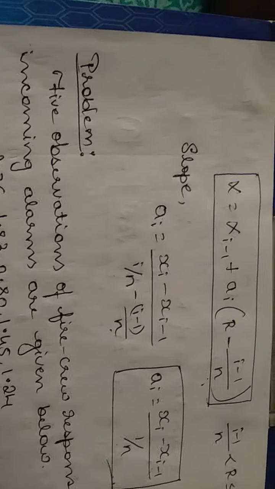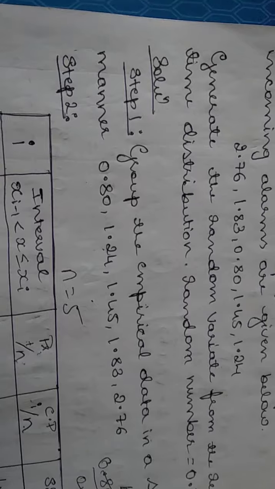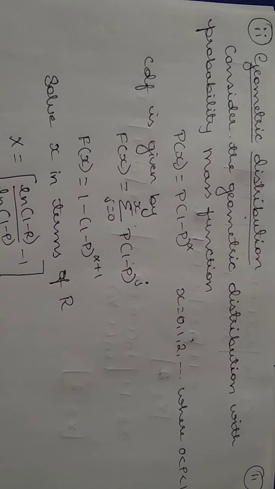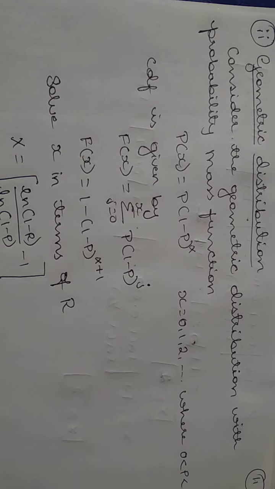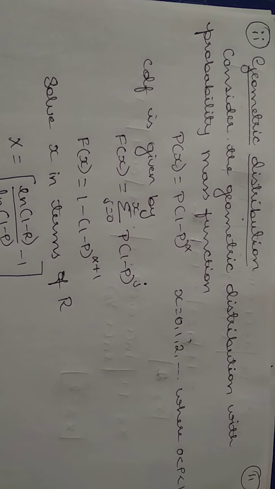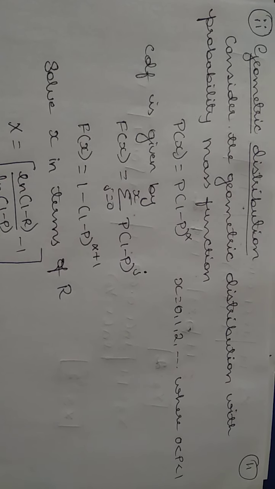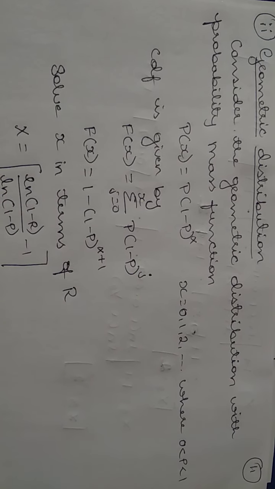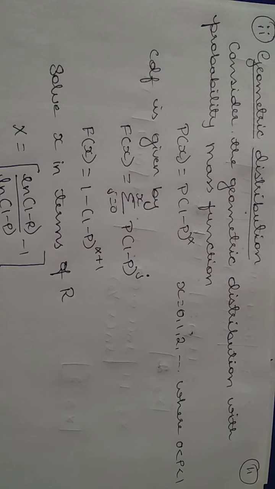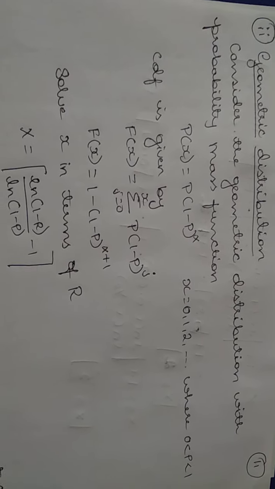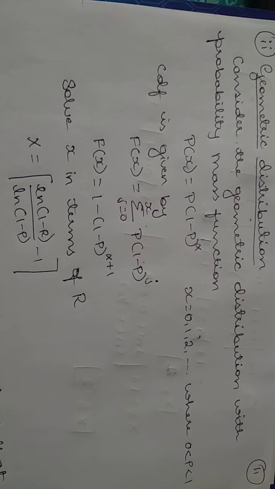And the last discrete distribution method is geometric distribution. Here first you have to consider the probability mass function: p of x is equal to p into (1 minus p) to the power x, where x is 0 to n.